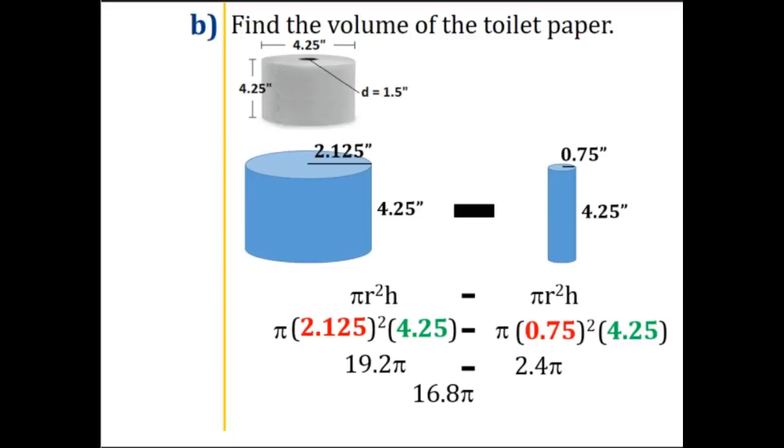I'm going quick, guys. So if I'm subtracting, I get 16.8 pi. I'm just going to subtract 2.4 from 19.2. And that is going to be my exact answer. When I multiply it, I get 52.8 as my approximate. Inches cubed. So that's both my exact and my approximate.